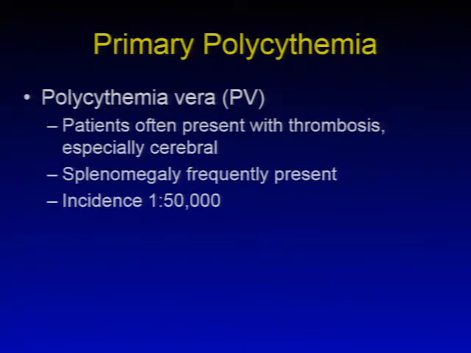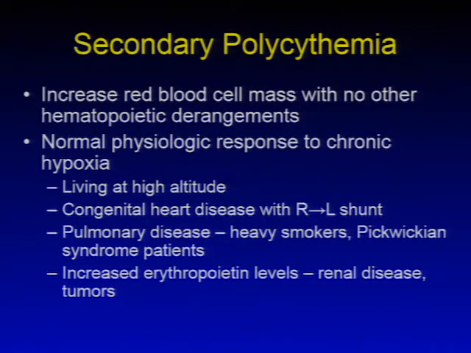Often these patients present with thrombosis, again, especially cerebral. Splenomegaly from splenic sequestration is often present as well in these patients, and the incidence is about 1 out of 50,000.